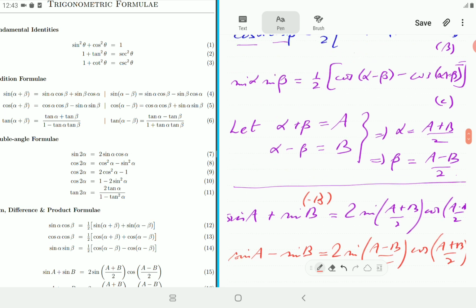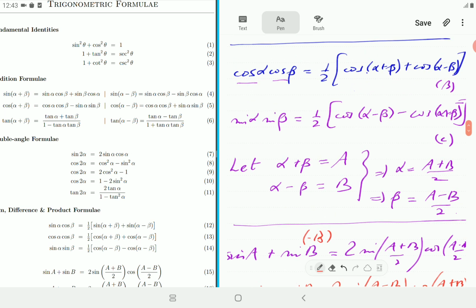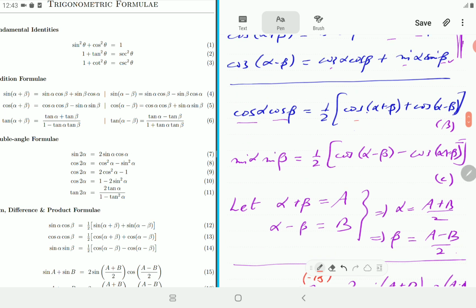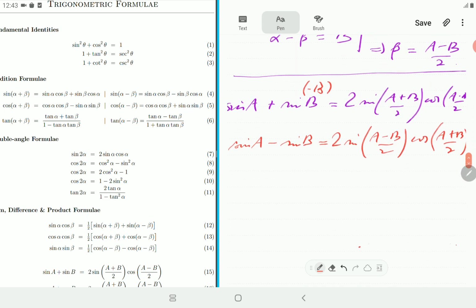Then if we come to the cosine formulas here, so this will be cosine A plus cosine B. We take these two across to the other side.